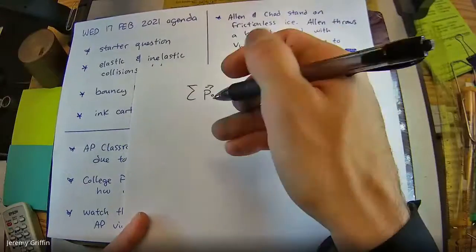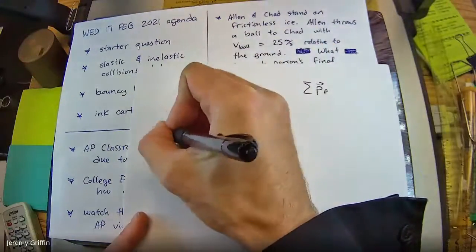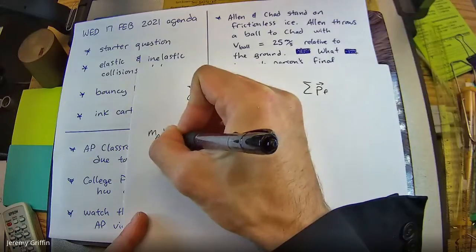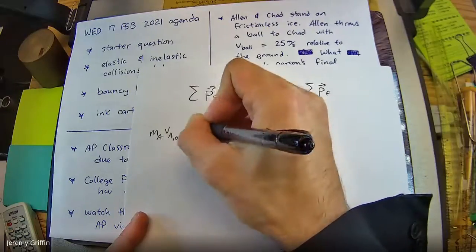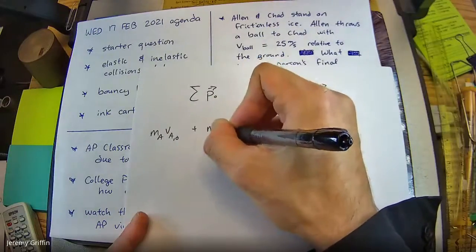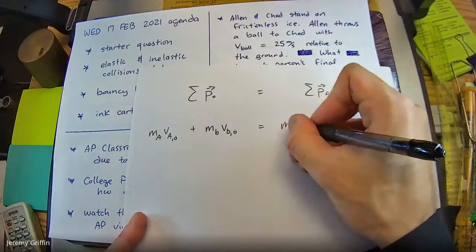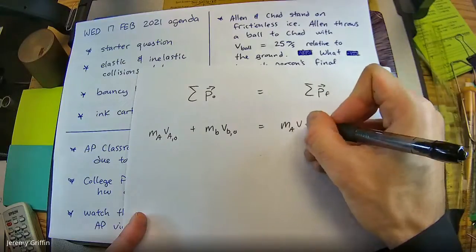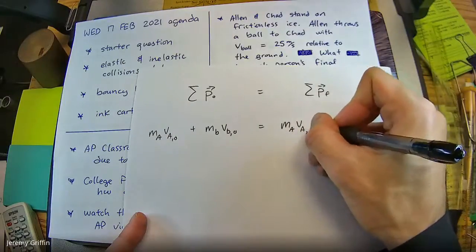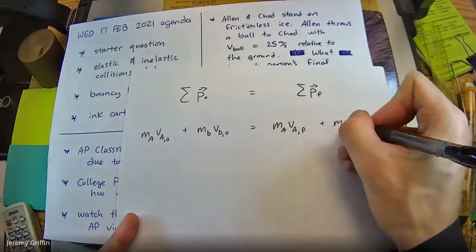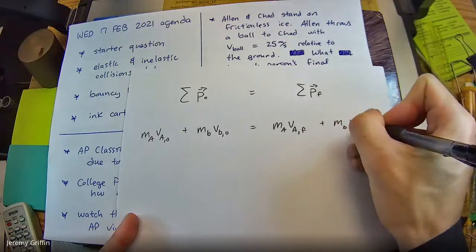We've got mass of Alan times velocity of Alan before he throws the ball, plus mass of the ball times the velocity of the ball before it's thrown, equals mass of Alan times velocity of Alan after throwing the ball, plus mass of the ball times velocity of the ball after throwing.